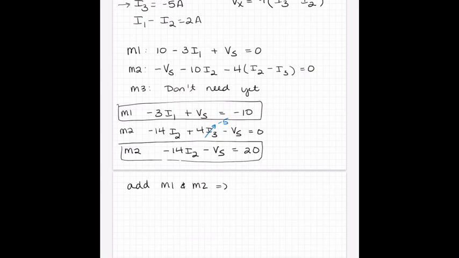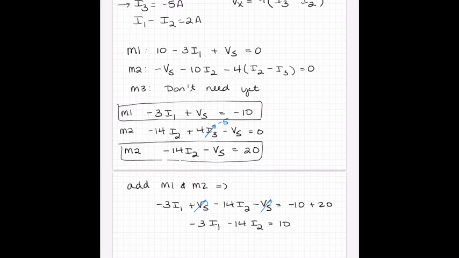So minus 3I1 plus Vs minus 14I2 minus Vs is equal to minus 10 plus 20. When I add the two equations together, I add everything on the left-hand side and set it equal to the sum of everything on the right-hand side. And now these Vs terms are going to cancel out. And so I'm left with minus 3I1 minus 14I2 is equal to 10.